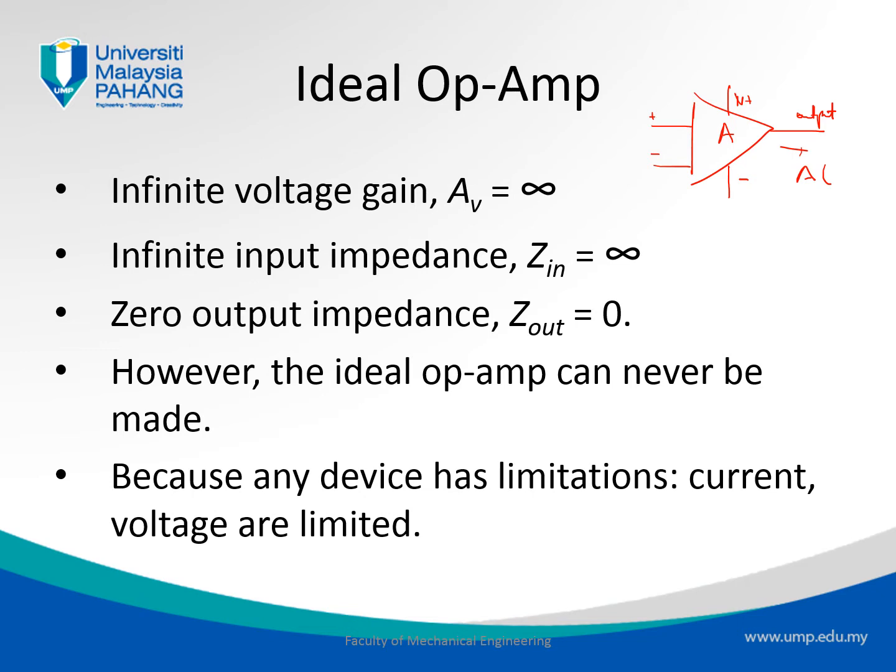The combination of the inputs will of course depend on how the operational amplifier is mounted with other components around it. But in the end, there will always be a gain multiplied by the input that we put into the operational amplifier. That's what we call the voltage gain. So in an ideal operational amplifier, we would have a voltage gain equal to infinity.